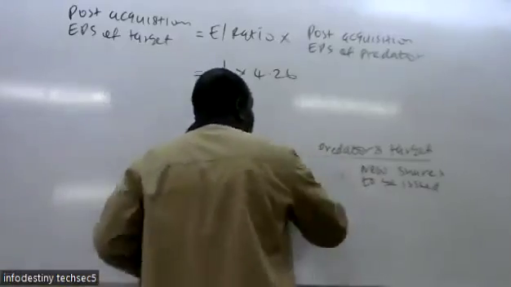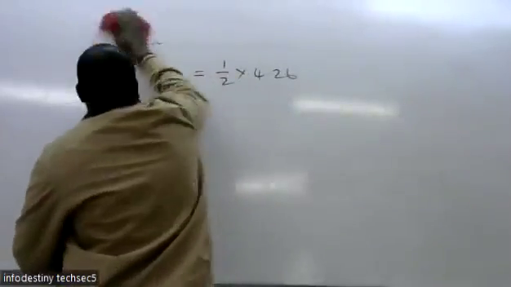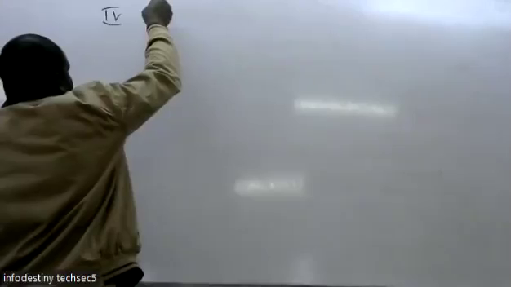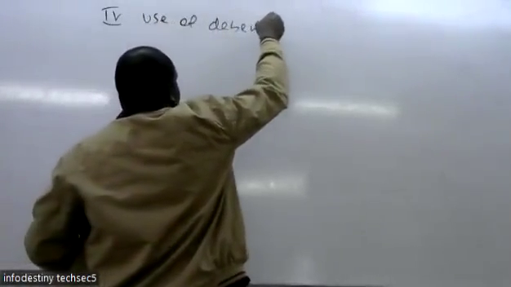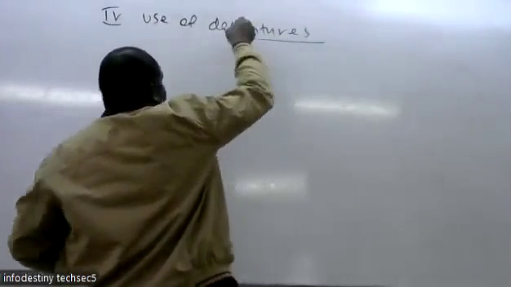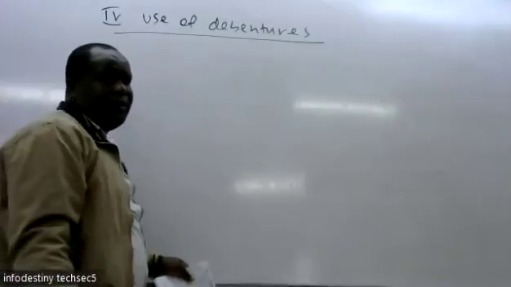Now we want to check when it is use of the debentures. So Roman letter 4 is meant to be use of the debentures.